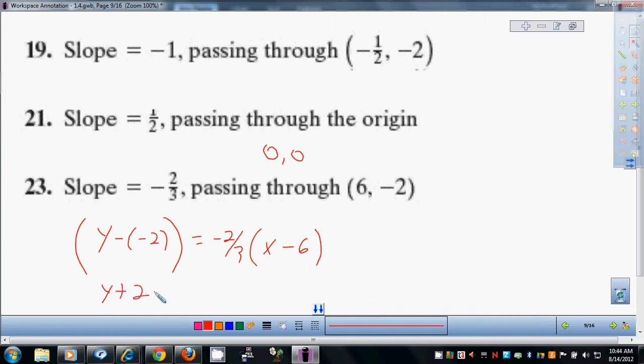So that's y plus 2 equals negative 2/3 times 6 over 1. So that's negative 12 over 3, which reduces to what? 4. So now we need to subtract the 2. Technically we're done right here with point slope. For slope intercept, you just subtract the 2 over, minus 6. And there's your slope intercept.